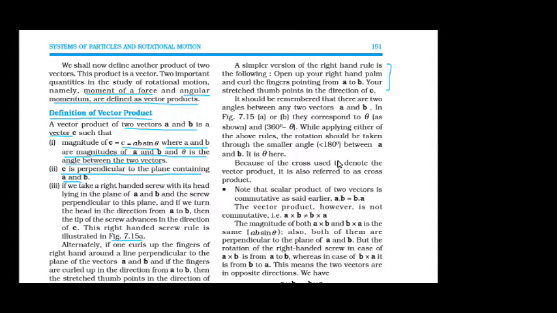The magnitude of A cross B and B cross A is the same, that is AB sine theta.